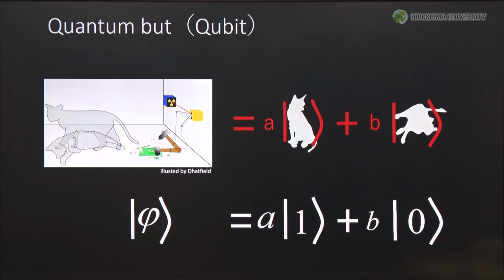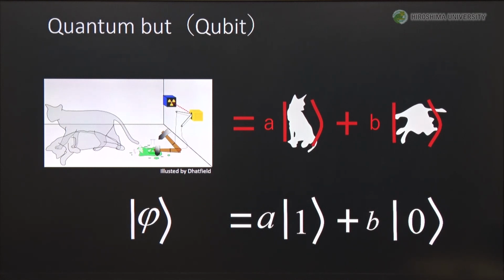The point is that before looking inside that room, we do not know whether the cat is dead or alive. According to the theory of quantum physics, we have to express this situation as a superposition of the living cat and dead cat with some weight.